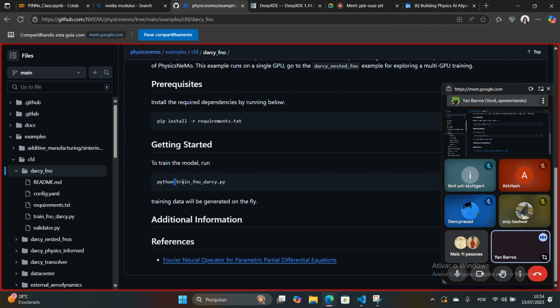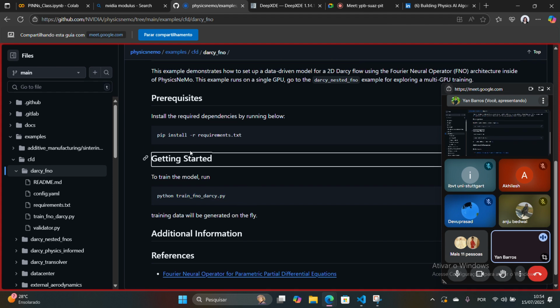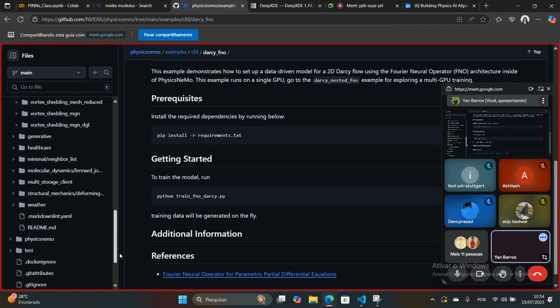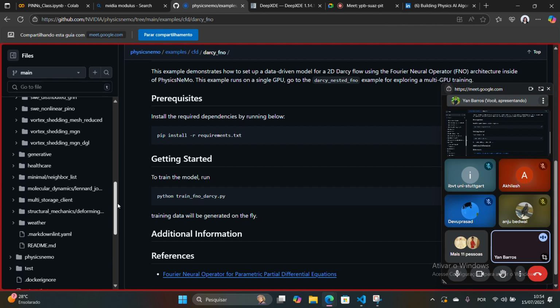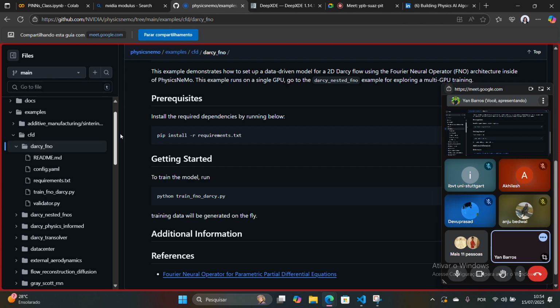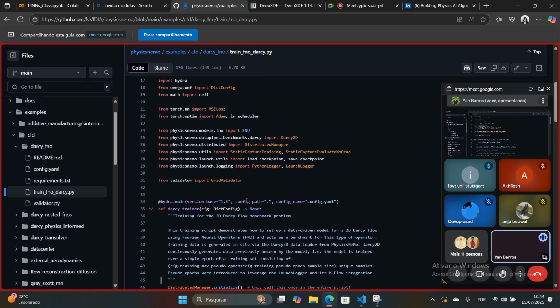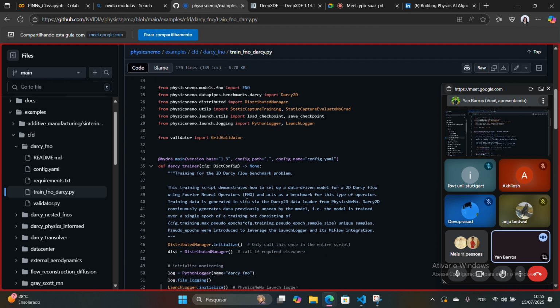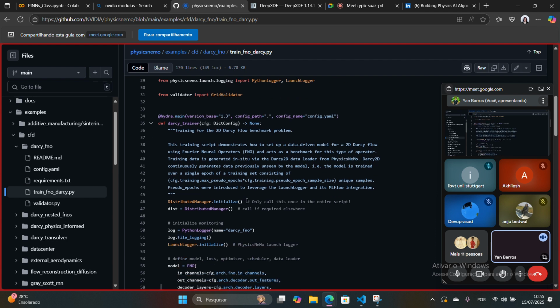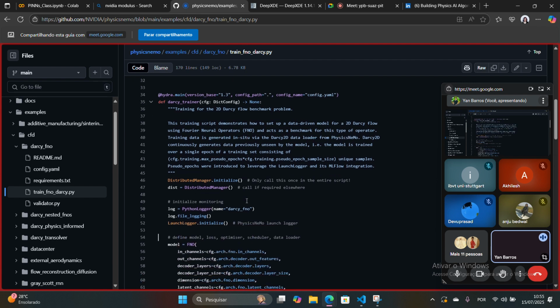We have this train Fourier neural operators example. Let me check. Okay, here, train Fourier neural operators. Probably if I try to run this in my Python it will run, but when I tried on Colab it didn't work. So probably I need to go deeper into this.